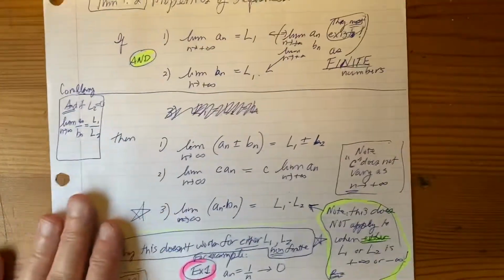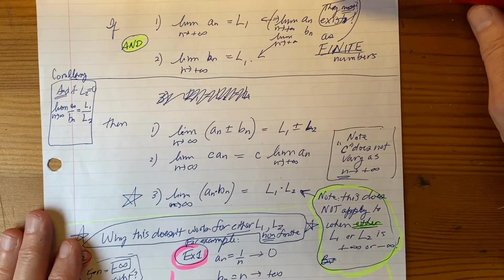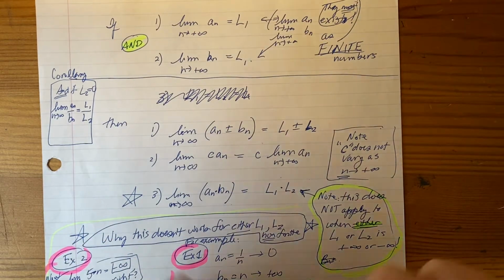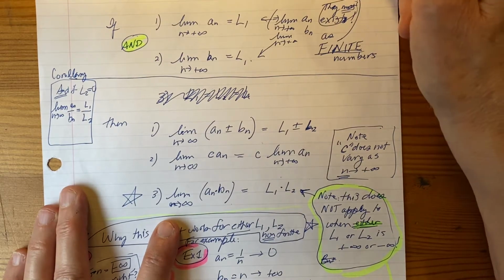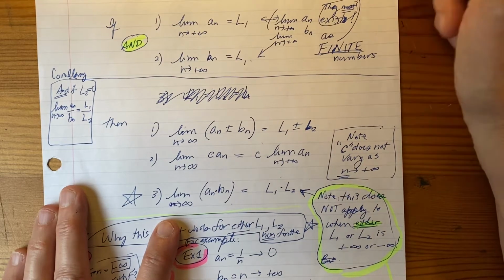We have properties of sequences in theorem 9.2, very much like theorem 1.2 in section 1.2 about functions.